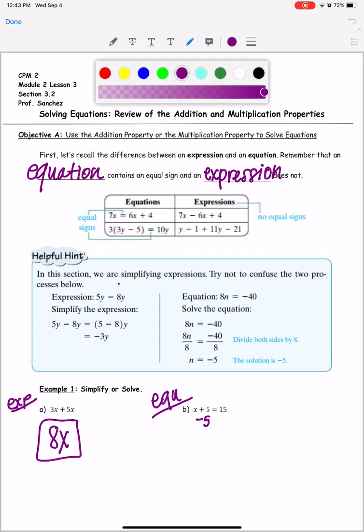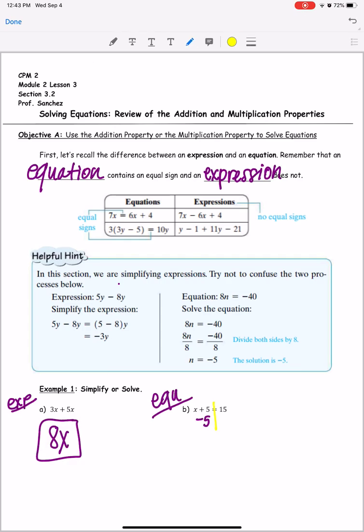And what I do to one side of this equation, I need to do to the other. So I'm subtracting 5 from the left, then we're subtracting 5 from the right. So 5 minus 5 is 0, so that cancels out. So we got x equals, and then over here, 15 minus 5 gives me 10.